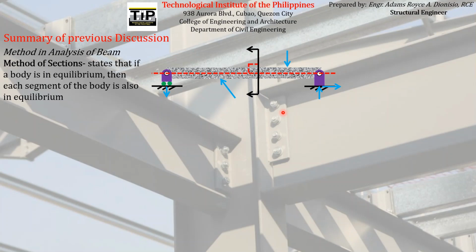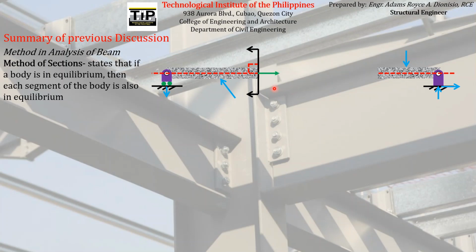So there will be a left segment and a right segment. Since we have disconnected these two segments of the beam, we know for a fact that there will be internal forces that come out on the disconnected part of the beam. Since we assume that the connection of the beam to itself is rigid or fixed, the internal forces that come out will be a horizontal force, a vertical force, and a bending moment.